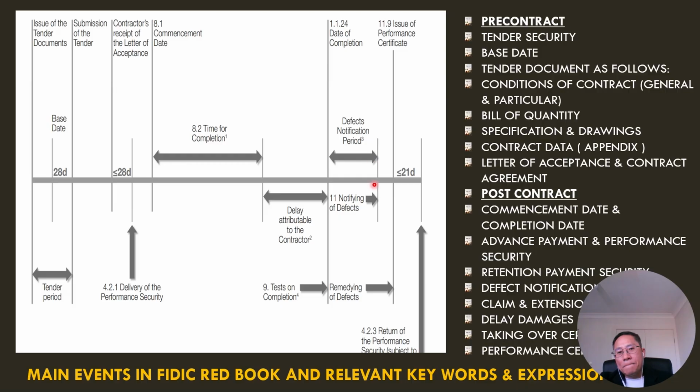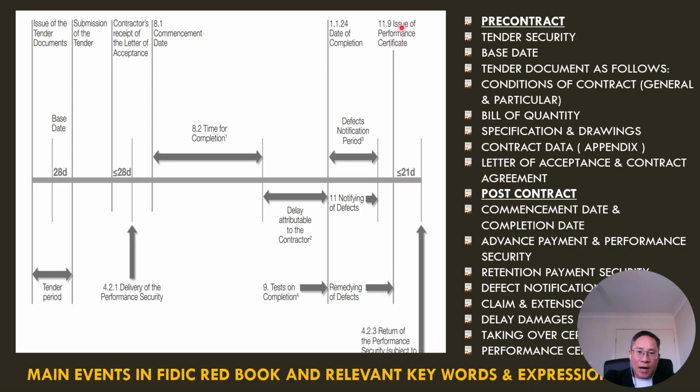Usually, the defect notification period in a FIDIC contract is about 18 months for a big project. It can be 12 months, but a maximum of 24 months. It is no longer than 24 months.